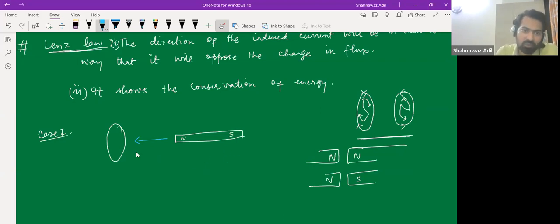So what pole should be generated here so that it will repel this magnet? North pole. If it is a north pole, then north and north will repel each other. So this would be the direction of the induced current. That is how we tell the direction of the induced current. Is this part clear?